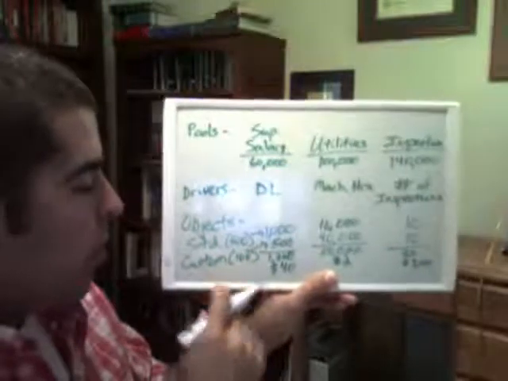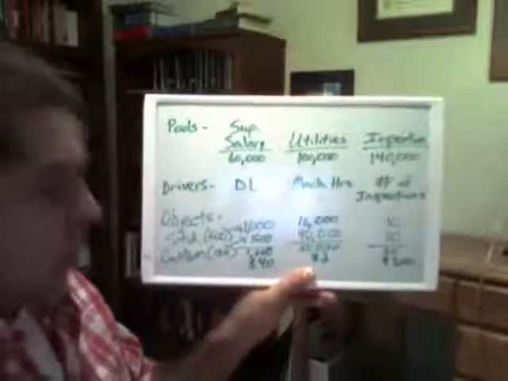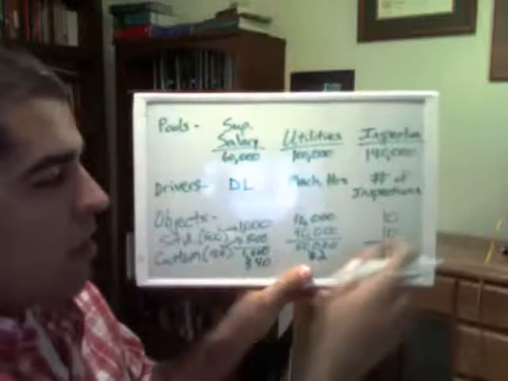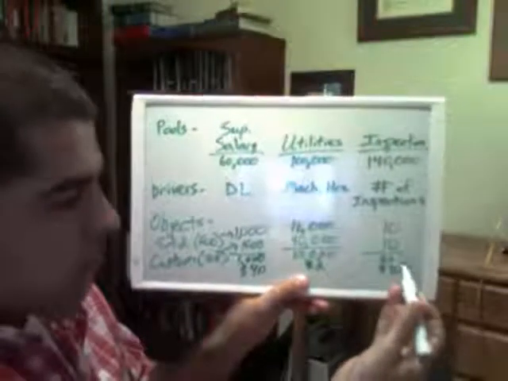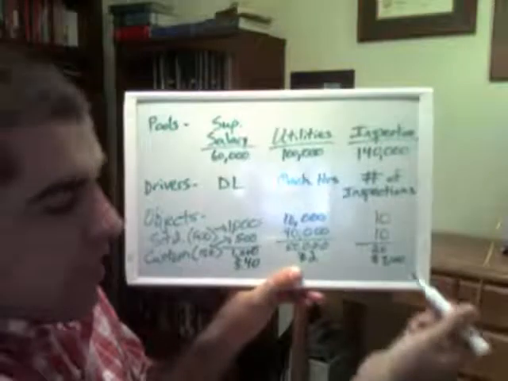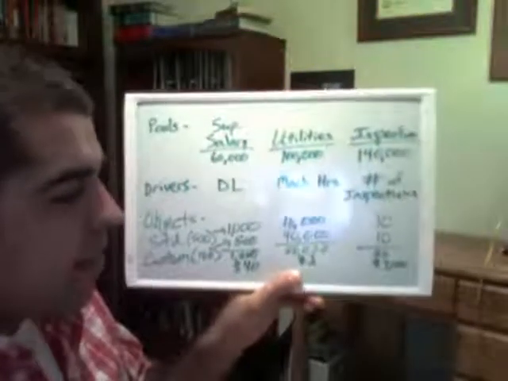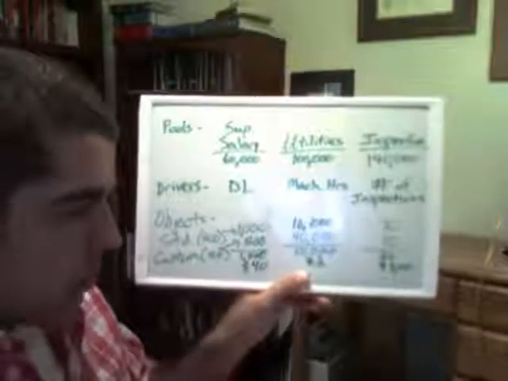So for the per unit amount of inspections, we're inspecting a lot fewer custom units per inspection than we are for the standard unit. So a total of 20 inspections are conducted during the year. 140,000 divided by 20 is 7,000 there. So for each inspection, we're going to allocate 7,000 to that particular product line, standard or custom.